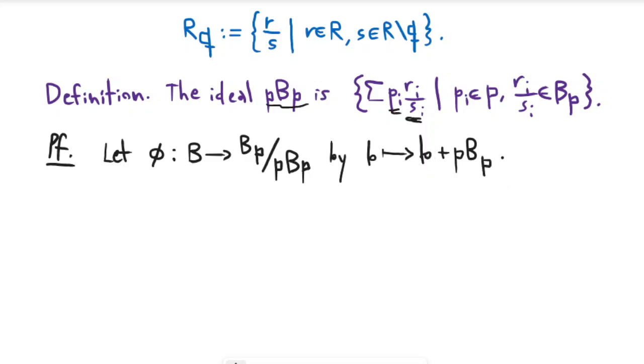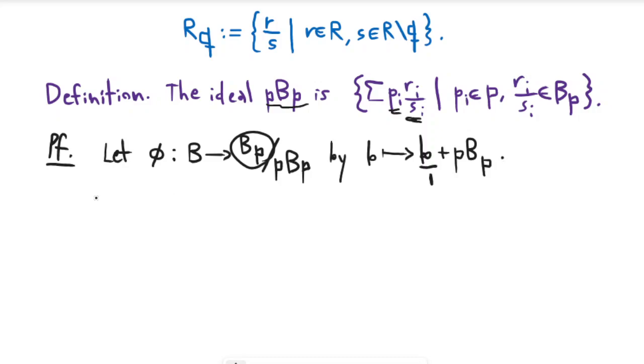And technically this should say B over 1, because in our target ring everything is technically a fraction, but we're just thinking of this as the original B. It's kind of like the embedding of the original element B into the ring BP.